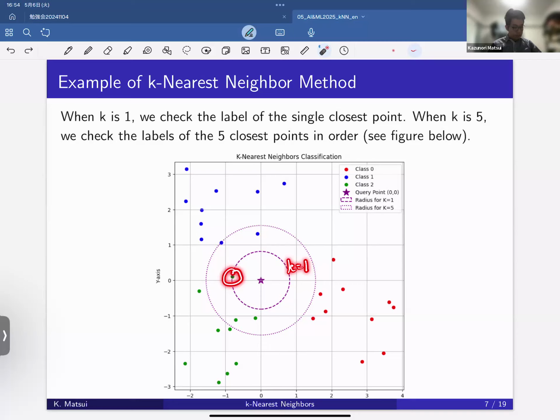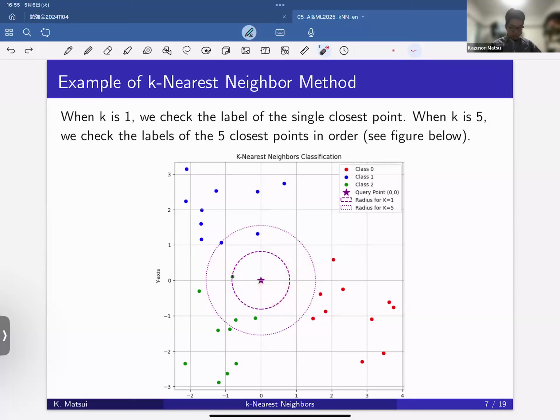It's green data. Therefore, the label at the star's location is classified as green, meaning it belongs to the second class, so class 2.